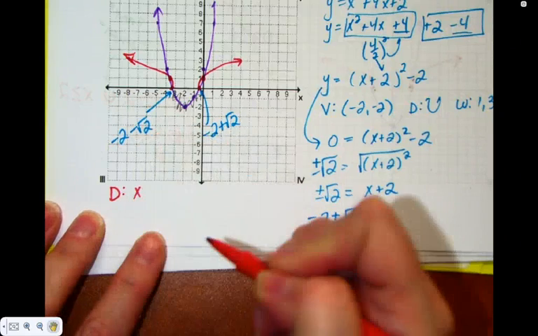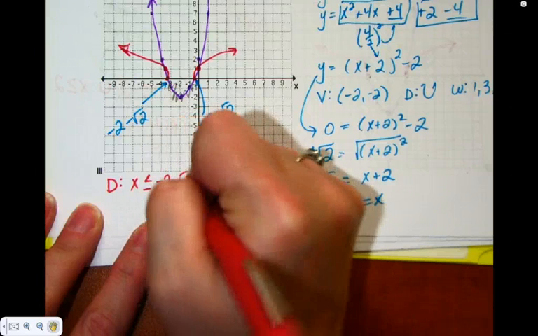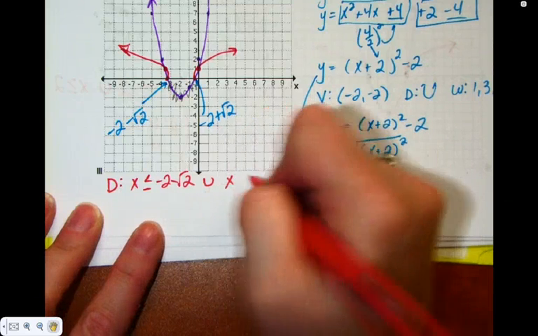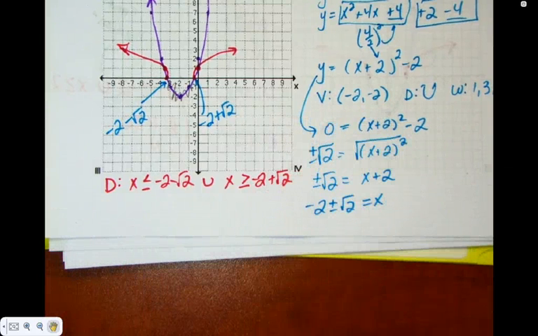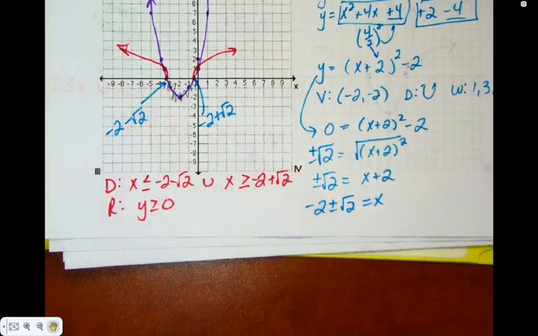X has to be less than or equal to, and x has to be... domain is the trickiest part. Range is the easiest part, because you're looking at the square root of a negative number.